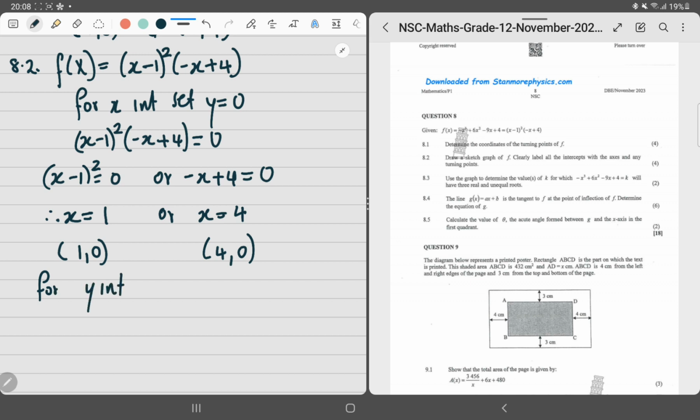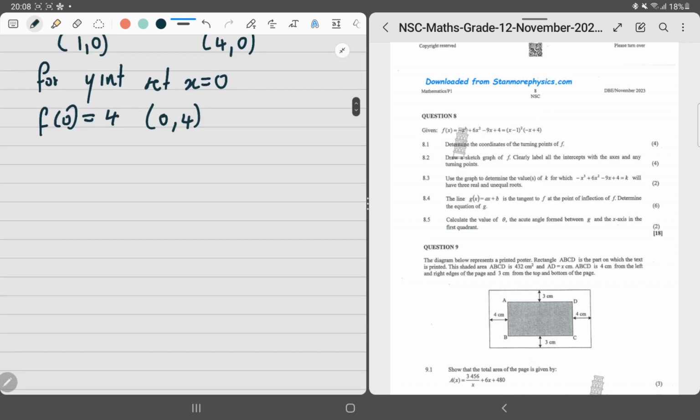For the y-intercept, set x equal to 0. So that's going to be a 4. So I have (1, 0) and the other one is at (4, 0), and there I have a 4.